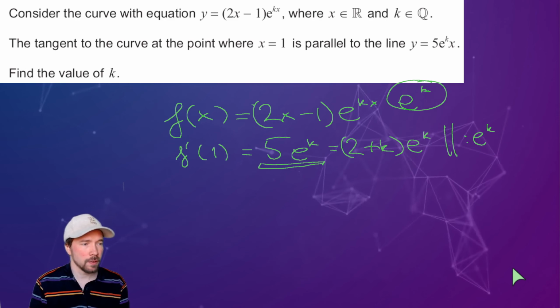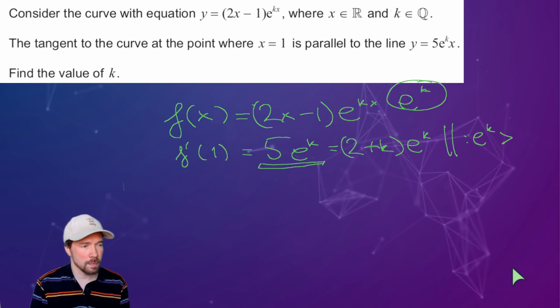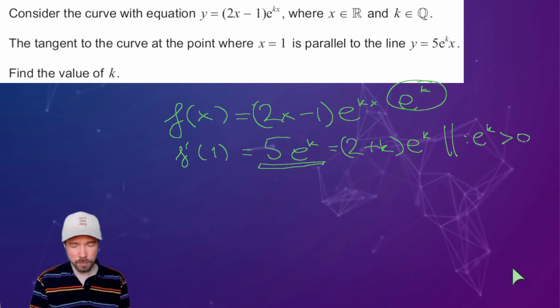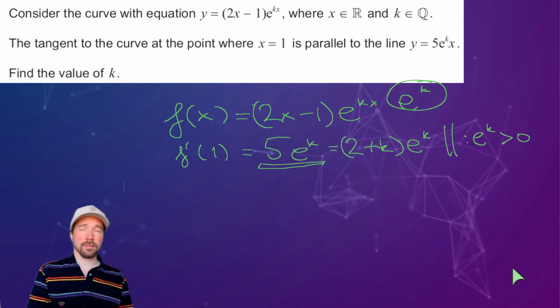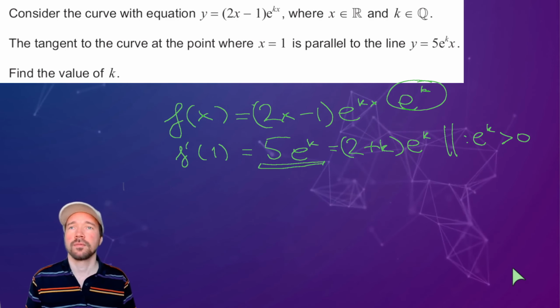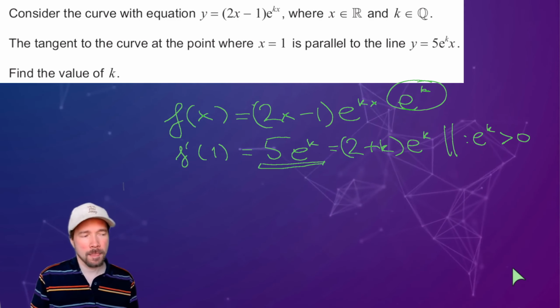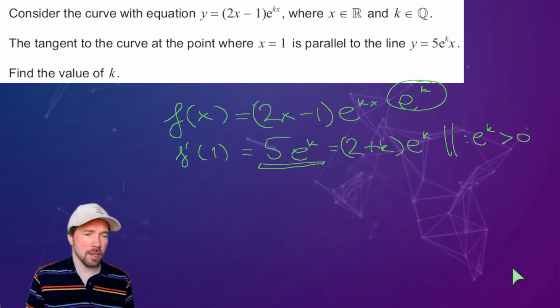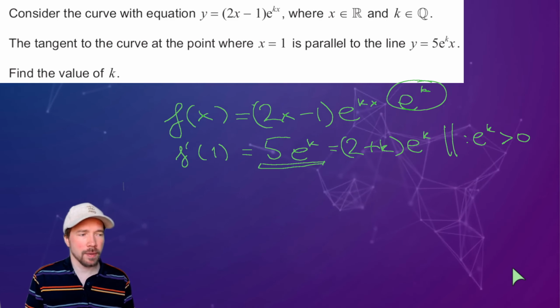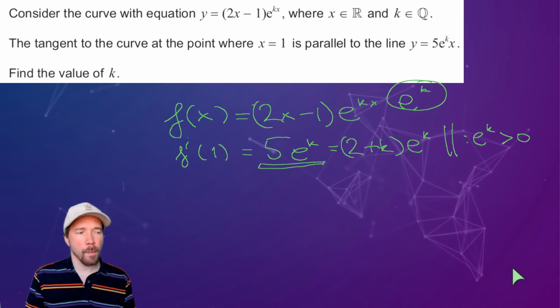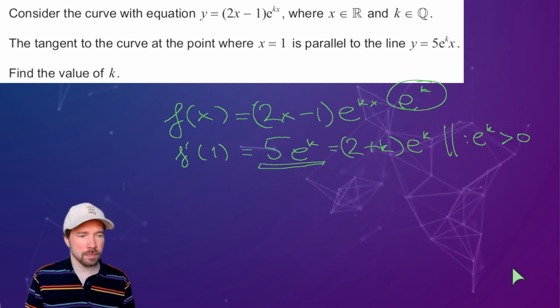First of all, we know that this is always positive. E to power anything is positive. It can't be 0, and it can't be negative. So if you have an equation like this, you can always divide by this. I don't see any reason why it should be rational in particular.